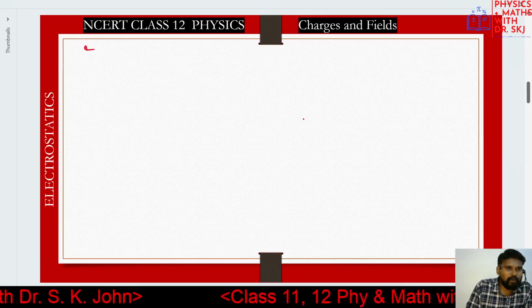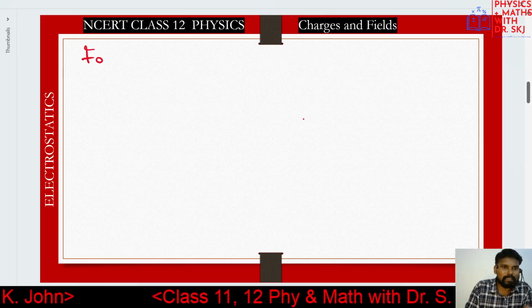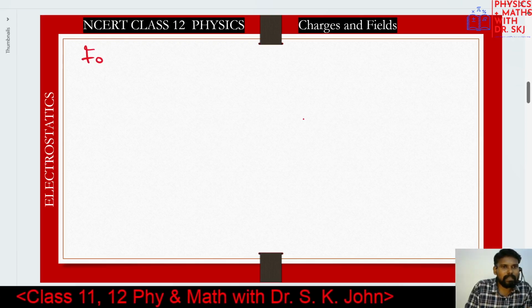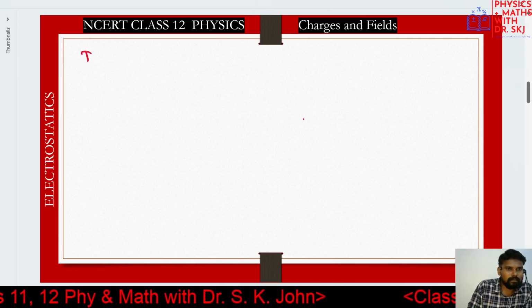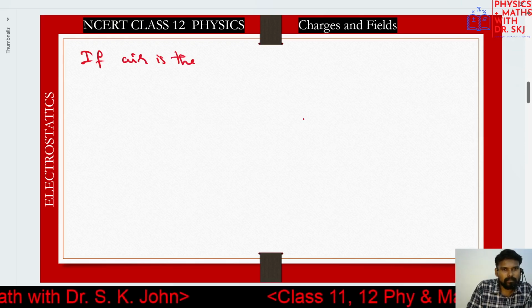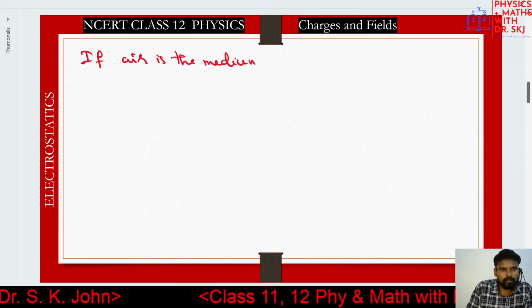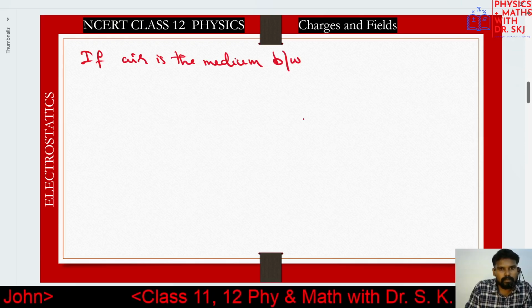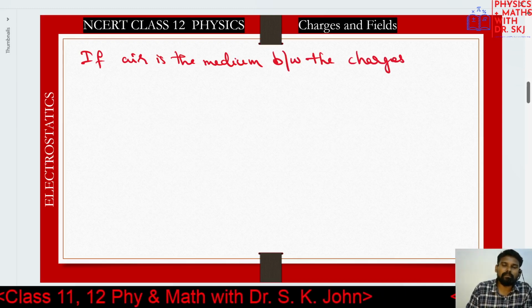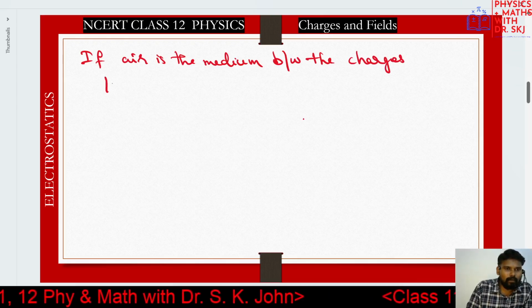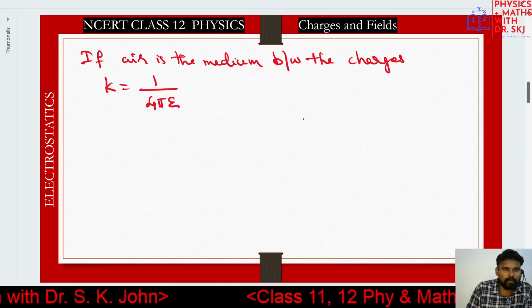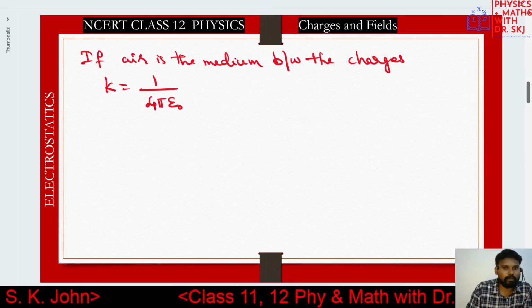So if air is the medium between the charges, that constant can be written as 1 by 4 pi epsilon 0.